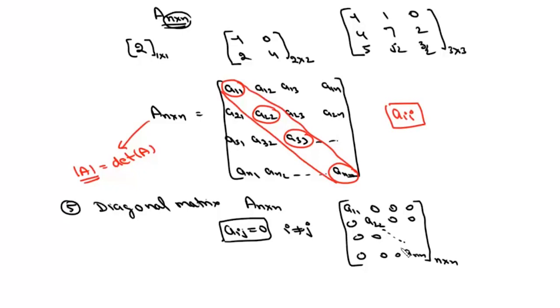So we call such matrices diagonal matrices. Now a diagonal matrix is also represented as A equals diag, which represents diagonal matrix, and then we write the diagonal elements A11, A22 up to Ann. So this is another way of representing a diagonal matrix.